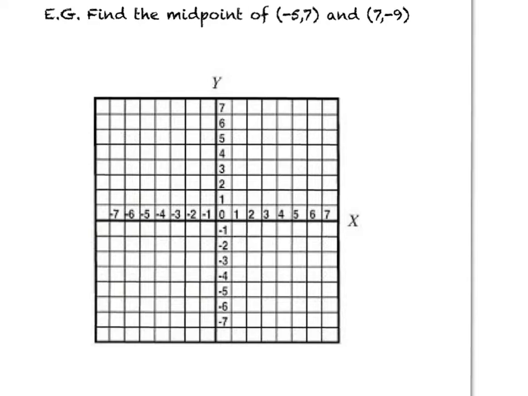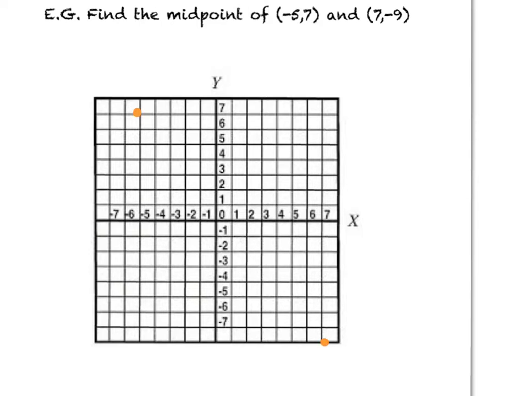We'll go for black. -5 and 7 gives us a point right about there. And 7 and -9, let's just make that -8, so it fits on our graph, gives us a point about there. Now the midpoint.